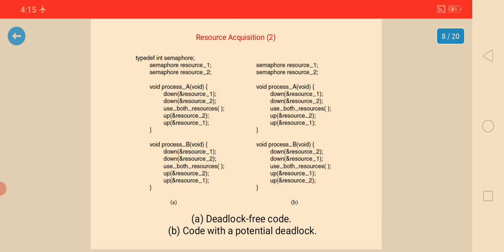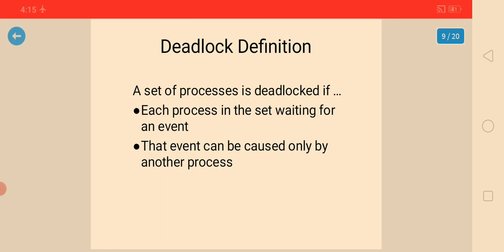Here is one more resource acquisition, given two resources. Diagram A shows code that is deadlock free, and B shows code with potential deadlock.